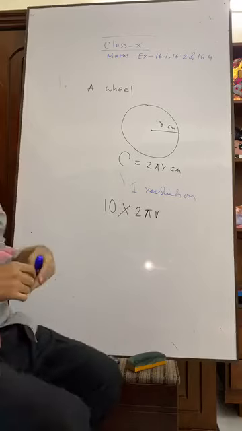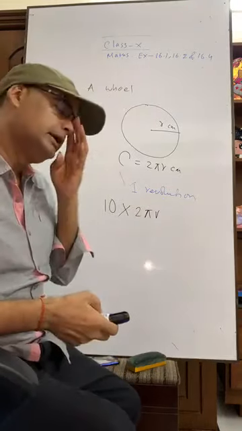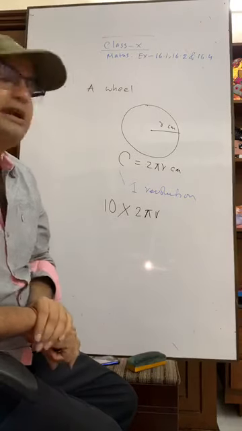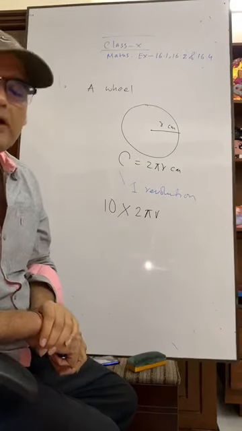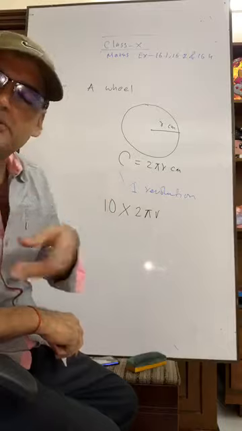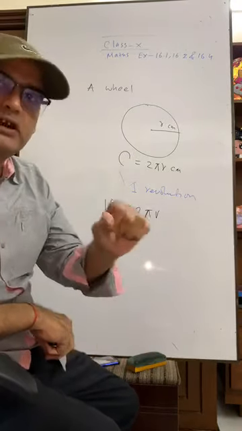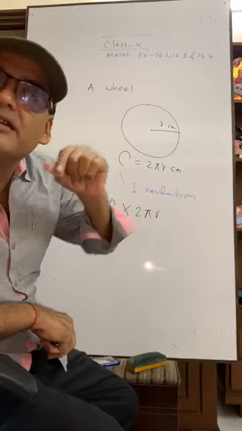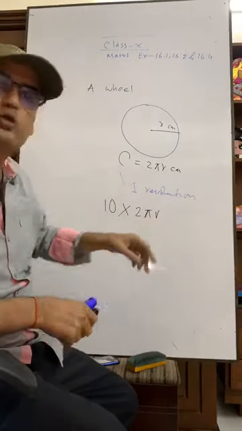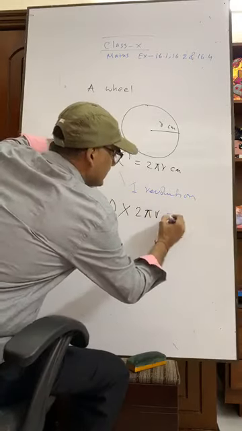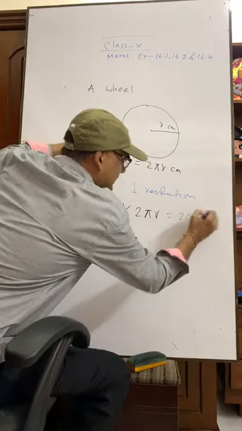As I told you earlier, for 1 revolution, it is 2 pi r centimeter. So 10 into 2 pi r is equal to, given in the question, 200 pi.